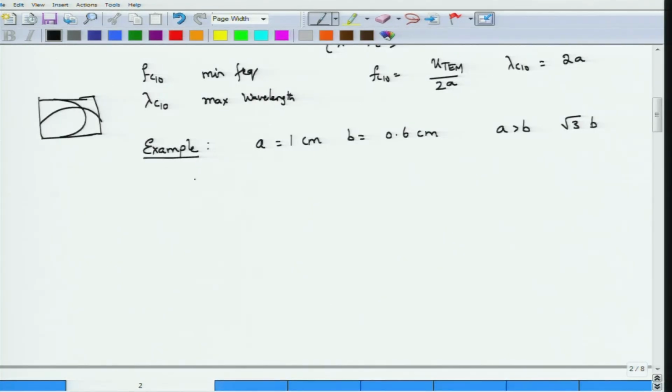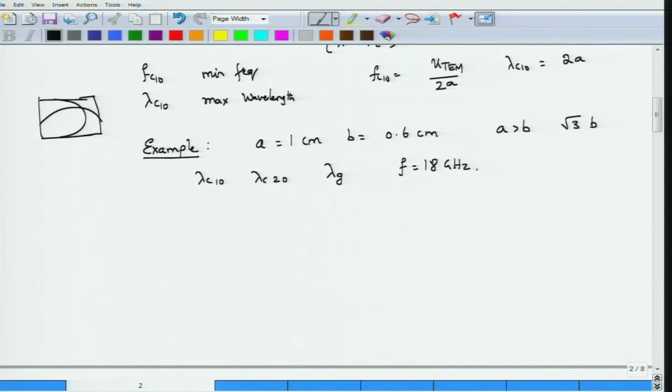Can we calculate the cutoff wavelengths for 10 and for 20, and also calculate the guide wavelength lambda g and compare that to the free space wavelength? Assume that the waveguide is operated at a frequency of 18 gigahertz, the frequency of the generator that we connect to the waveguide. First question, will this 18 gigahertz correspond to a propagating mode or will it be attenuated?